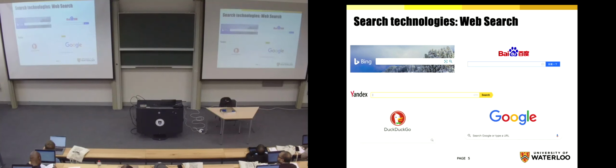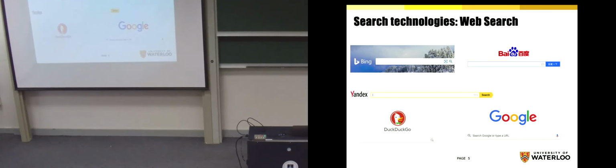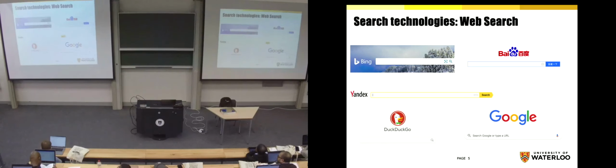Most places in the world, it's Google or Bing or something. There's also something like DuckDuckGo, which tries to not track information about people. In other words, it tries to do the same thing that Google does, but without, let's say, knowing so much about you. That's the idea of that.